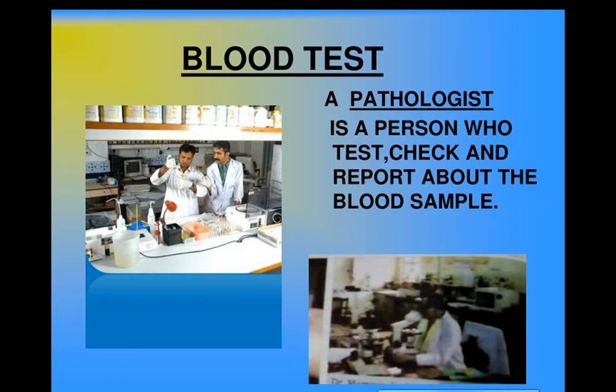See, a pathologist. I think you know about the pathology lab. In Devruk also, in front of our school there is one pathology lab. Pathology lab means the blood samples are there. They are collecting blood samples, checking them and diagnosing which disease is there.